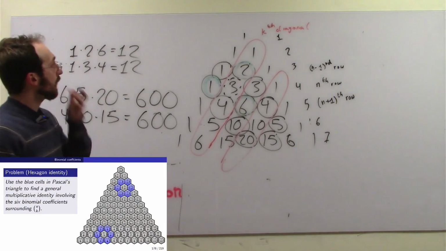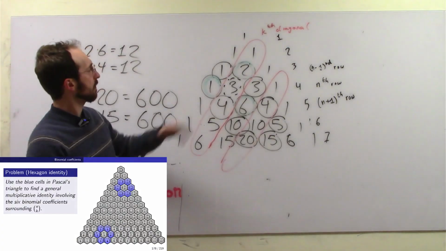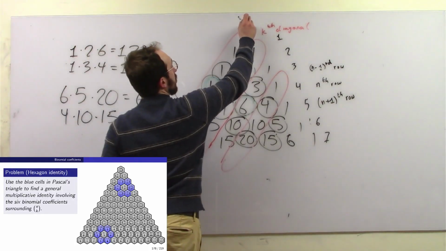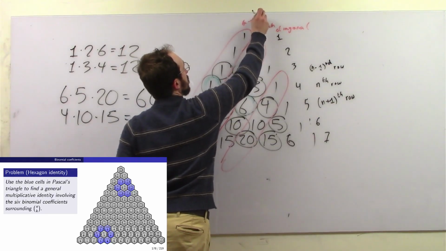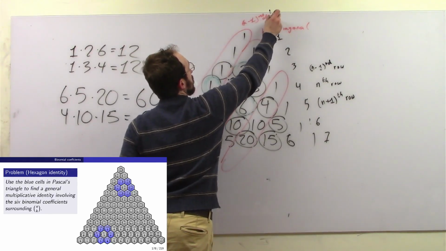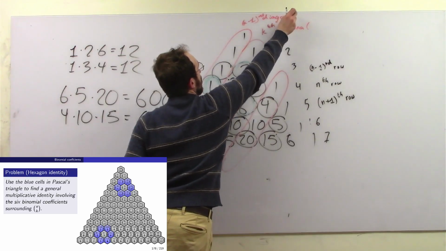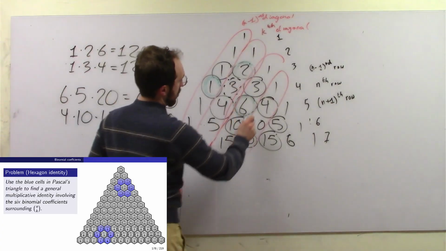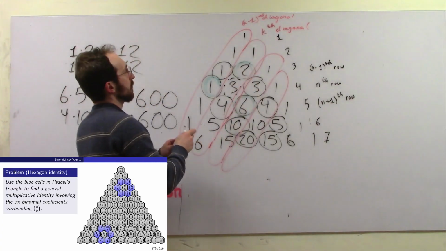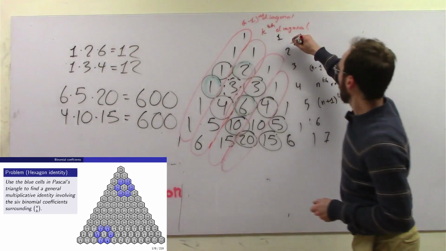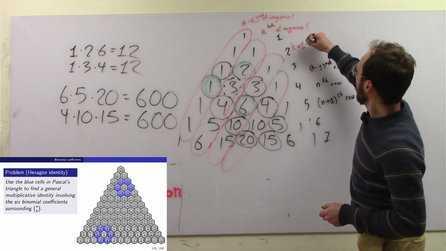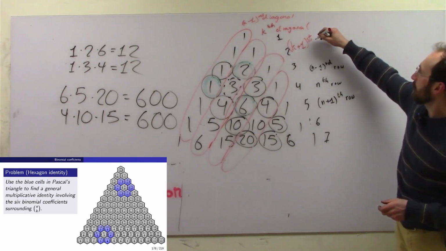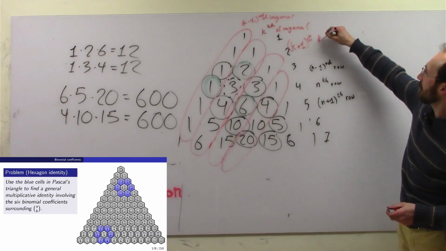Okay, that'll be our kth diagonal, which makes this our k minus 1 diagonal. And that would make this, yeah, why not? I'll just finish with the same color. Our k plus 1st diagonal.